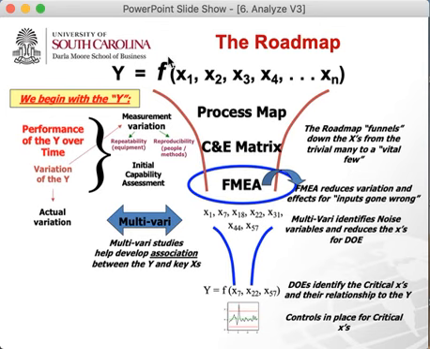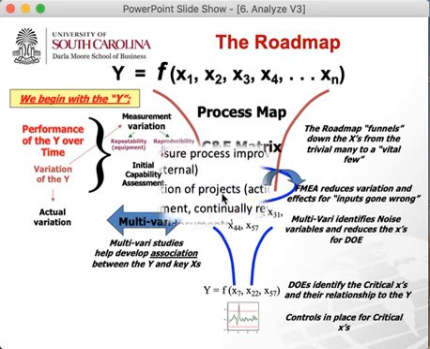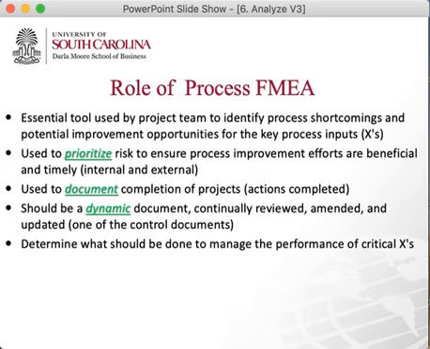So again, the structure is we have 100 different X variables that might impact. We drill down with a process map and cause and effect matrix, and then we get to FMEA, where we reduce this to a few, and then we can have some other analysis to reduce it to even fewer, right? But the drilling down is the important part of the FMEA.